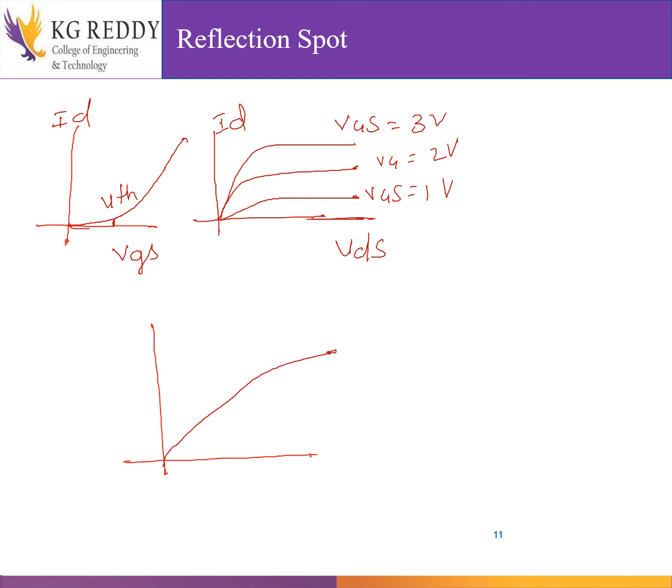So this is VGS and this is ID, and something like this we say is the maximum current. This is the maximum current, right?